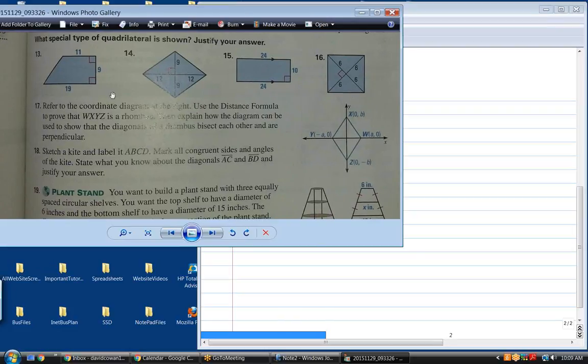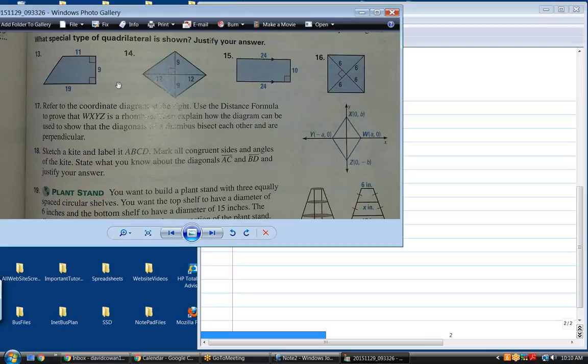What's that? Number 13. Quadrilateral. Can you solve? No, it's more than a quadrilateral. Would it be based on these right angles? Two right angles. What kind of angles are those?